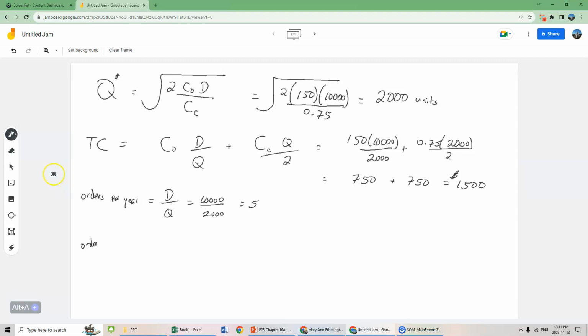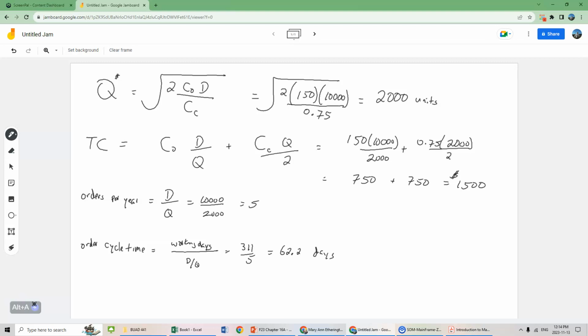And order cycle time is based on this formula. We have the working days, which we know is 311, divided by the orders per year, D over Q. So we have 311 over 5. That equals 62.2. So we should reorder, yes, you will order every 62.2 days.